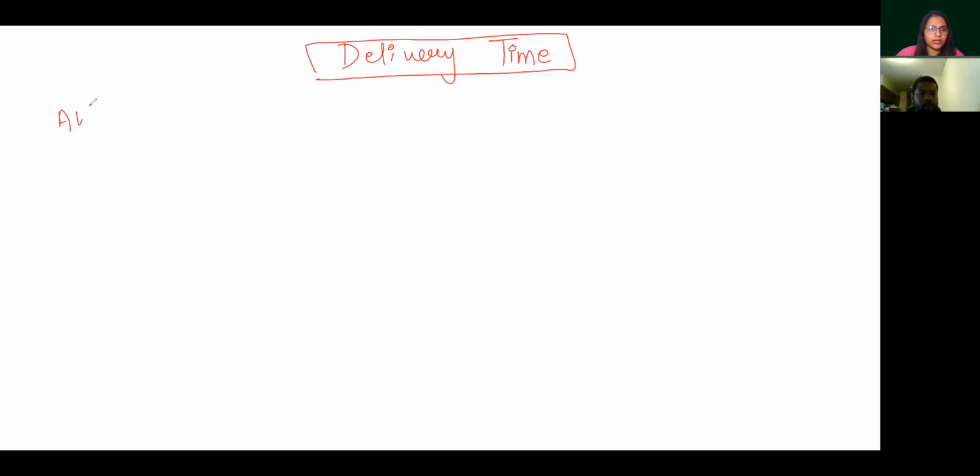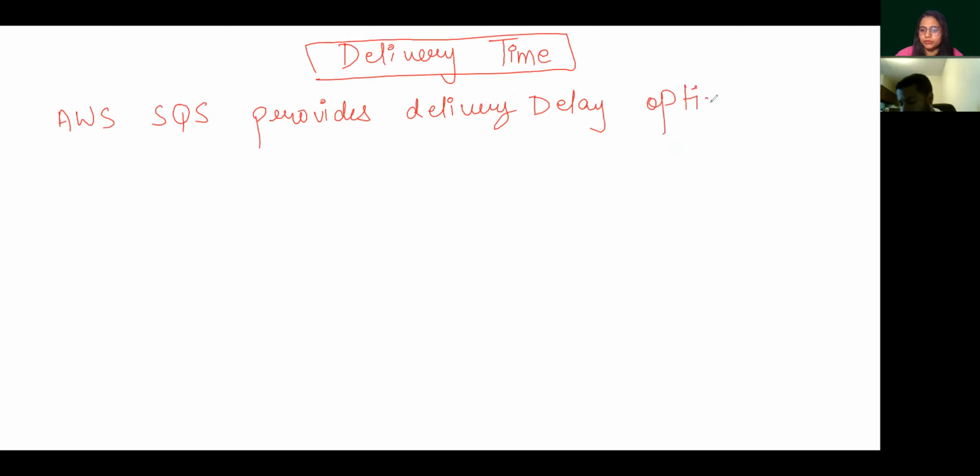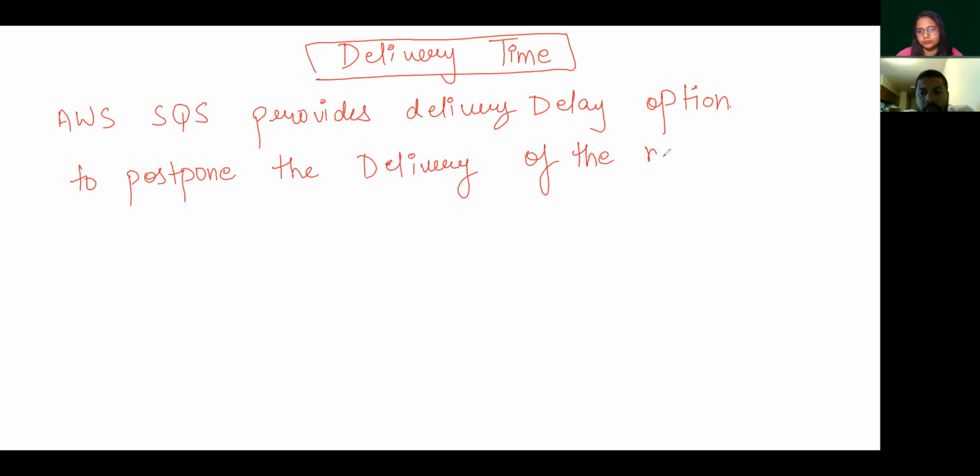When we talk about AWS SQS, it provides us a delivery delay option, so that we can postpone the delivery of a new message in the queue.